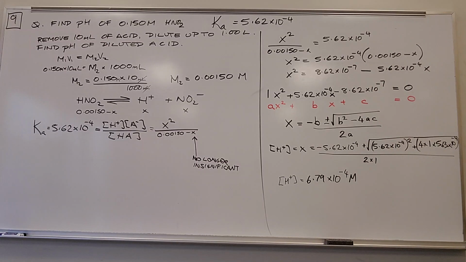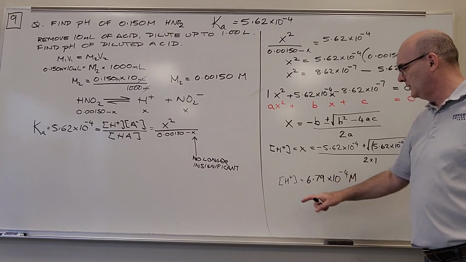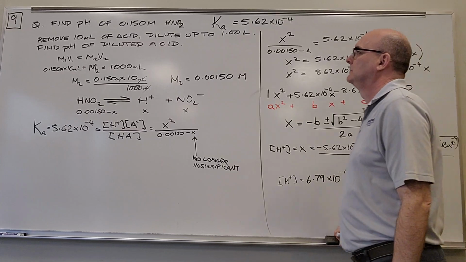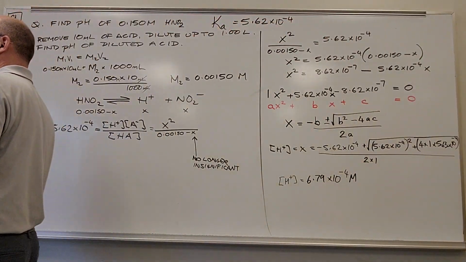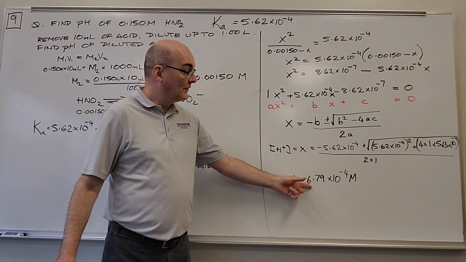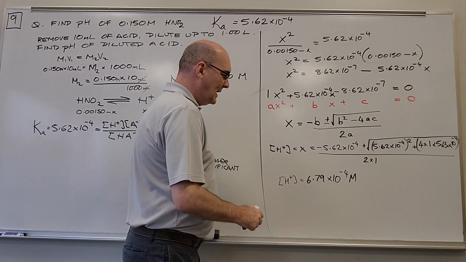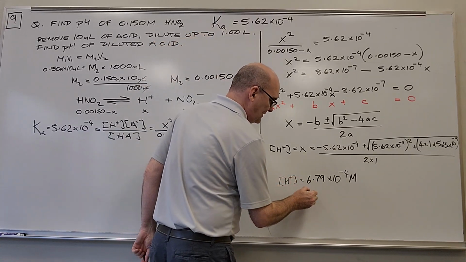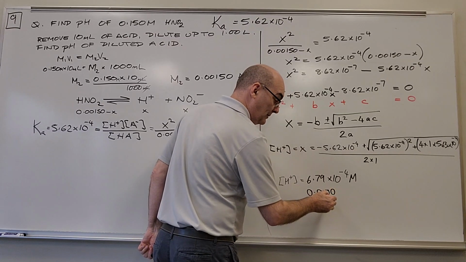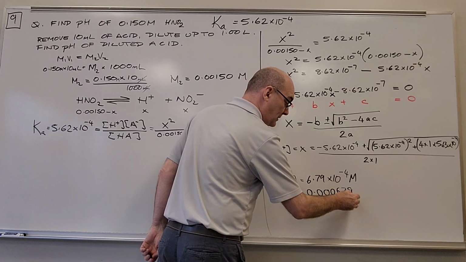Comment on the magnitude of the H plus in solution. It's a little small. How much smaller is it than the nitric acid that was at 0.15? The acid at 0.15 was 0.15. This is 0.000679.